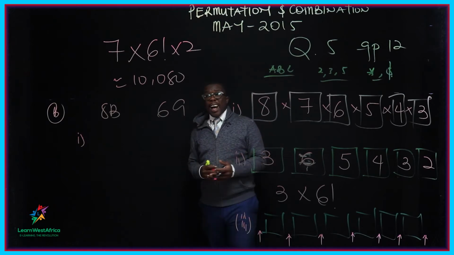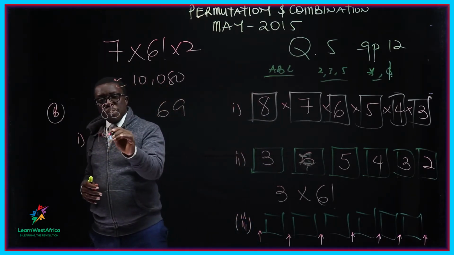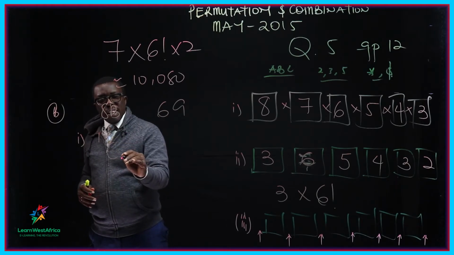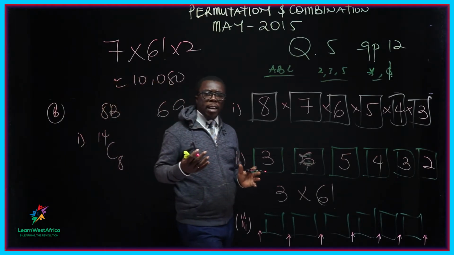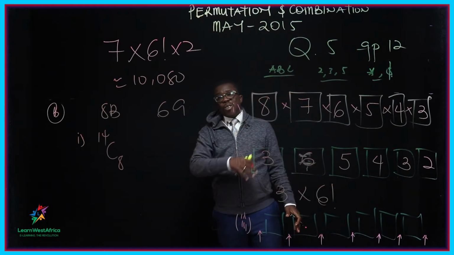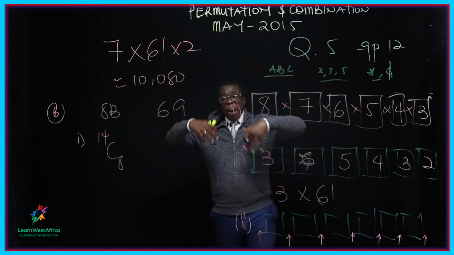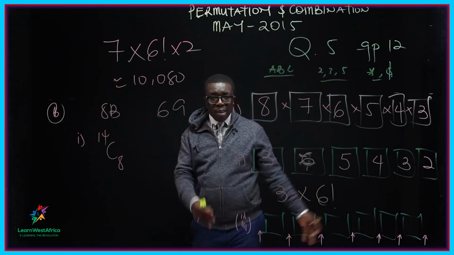What it means is that out of the 8 boys and 6 girls, or the 14 people, we want to choose 8 persons. Hope you're okay. Because we are saying that the team should have 4 in each. So when you have 4 there, that gives you 8. And this 8 is going to come from a pool of 8 boys, 6 girls.